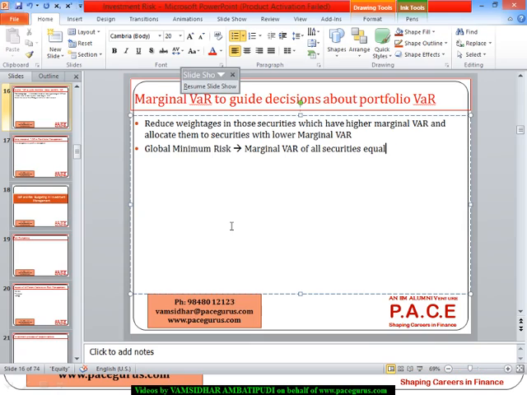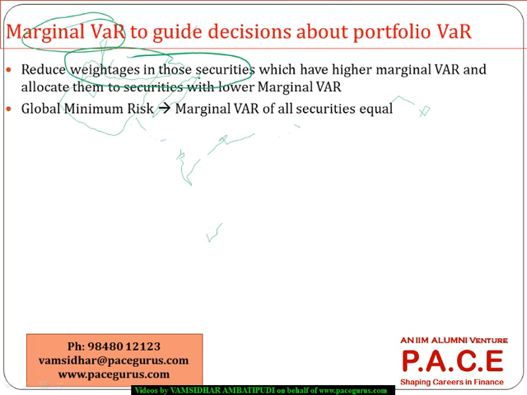So the better way to achieve that is reduce your positions from those securities which have a higher marginal VAR and increase the positions in those securities which have lower marginal VAR. You see that the higher marginal VAR keeps coming down in that case and the lower marginal VAR will keep going up. So do it until the marginal VARs of all the securities in your portfolio are equal.